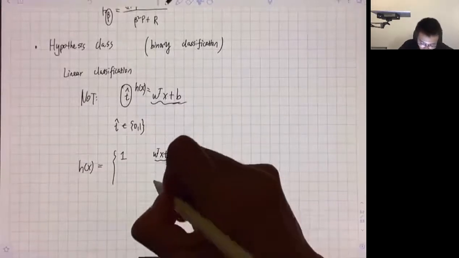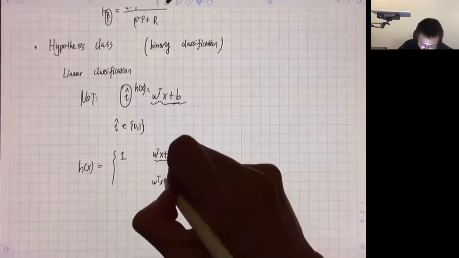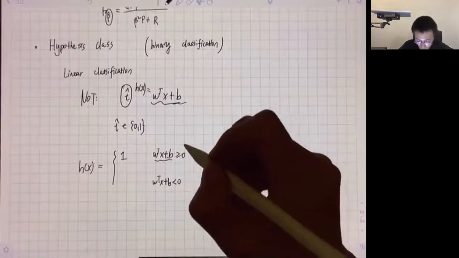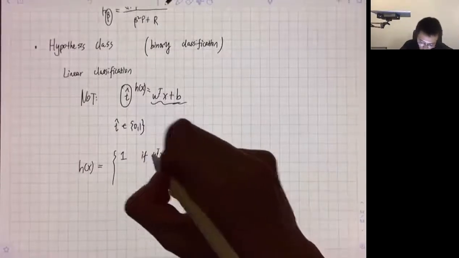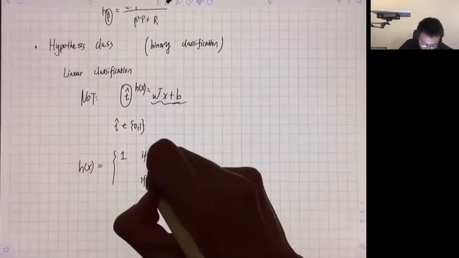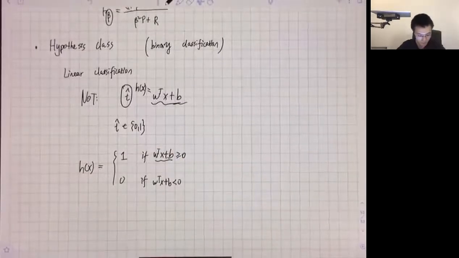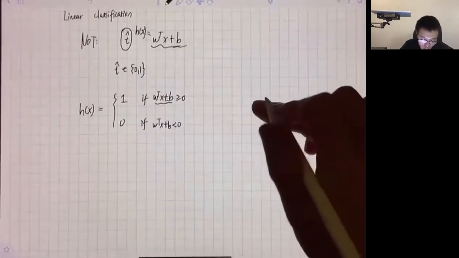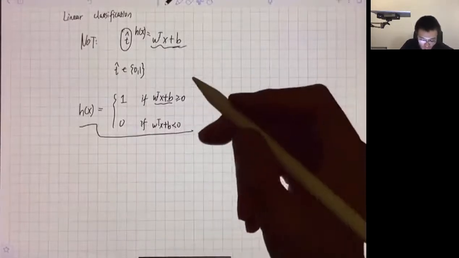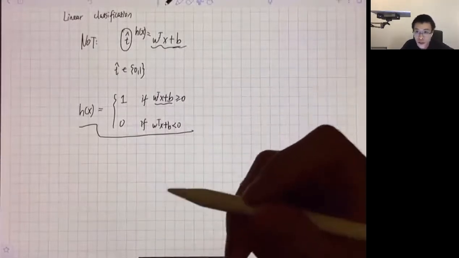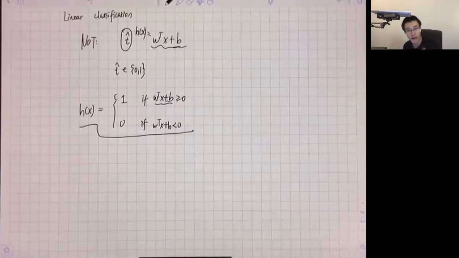If it's less than 0, then I predict 0. I don't mind the equality case because the chance of getting exactly 0 is very small. So this shows the hypothesis is actually a step function of whether your goodness exceeds a particular value. This is the linear classification.